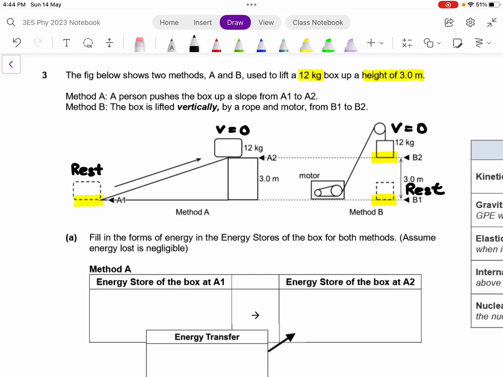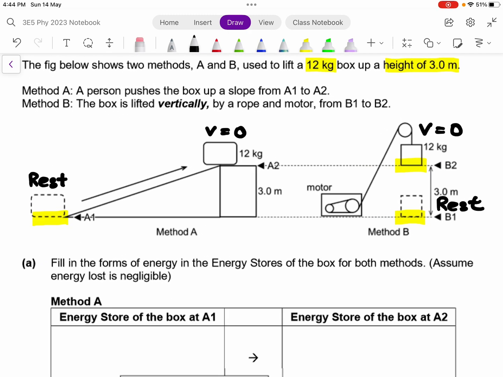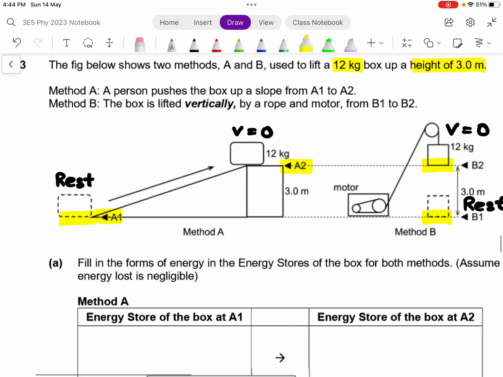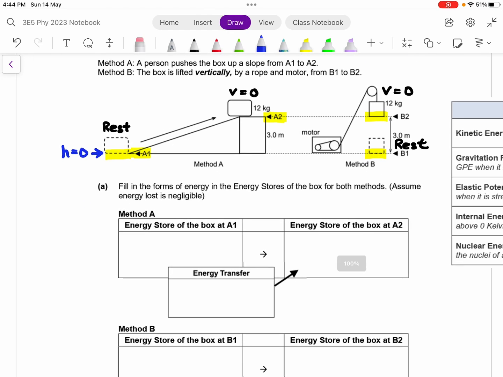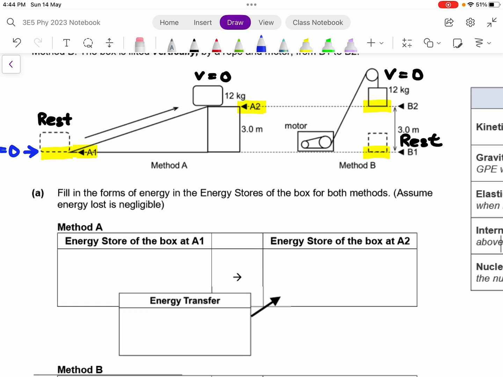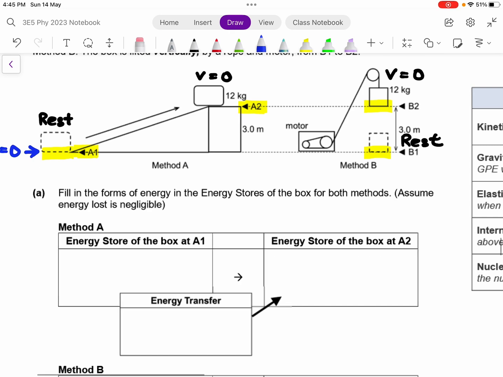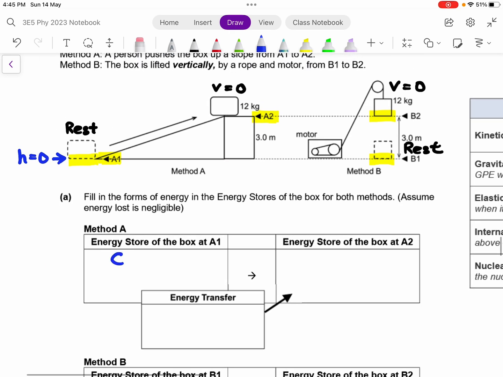So now, by framing it correctly, we can then identify the initial state and the final state. So in this case, obviously, A1 would be my initial state, A2 will be my final state. So down here, I would set my h equals to 0. If you look at filling in the boxes in terms of energy store, I would know that my GPE here would be 0, right?